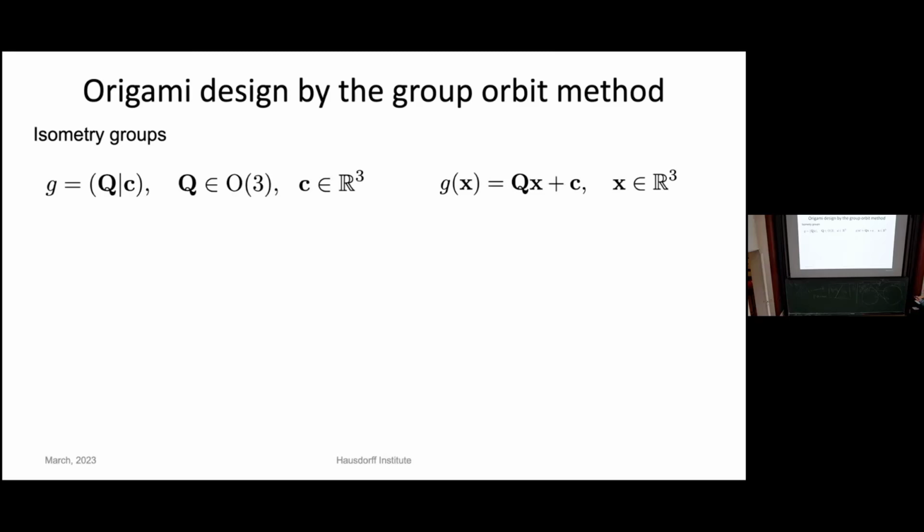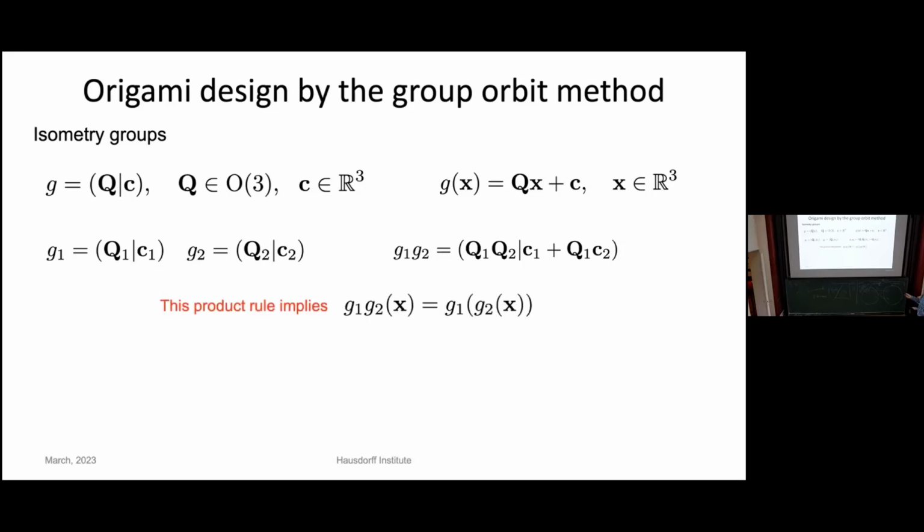And an isometry can act on points in R3 according to this rule. If you have two isometries, the way you multiply them is this way. That's the multiplication rule for isometries. It might look a little bit strange, but it won't look strange when you realize that this is the rule for acting on R3, just QX plus C. So where does this come from?